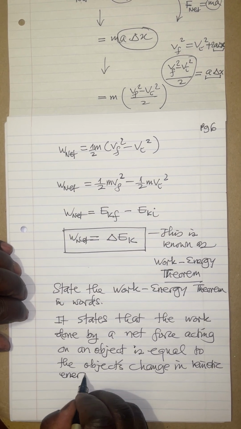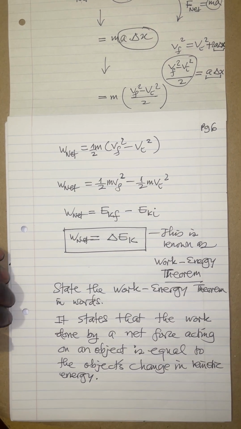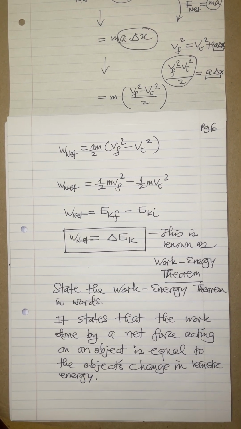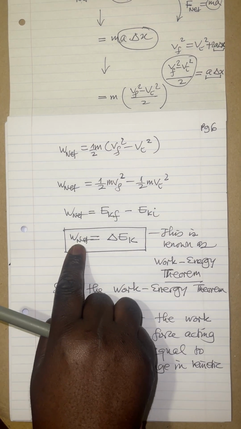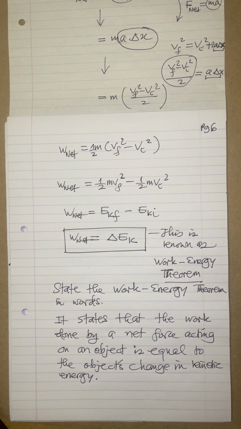Same thing, right? You can state it in any way you want, but basically the message is the same. Net work done equals change in kinetic energy. So that's the work energy theorem in words.